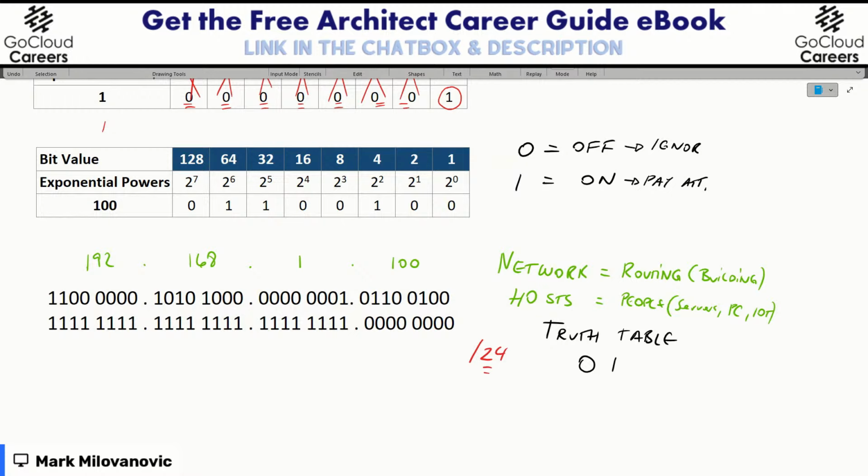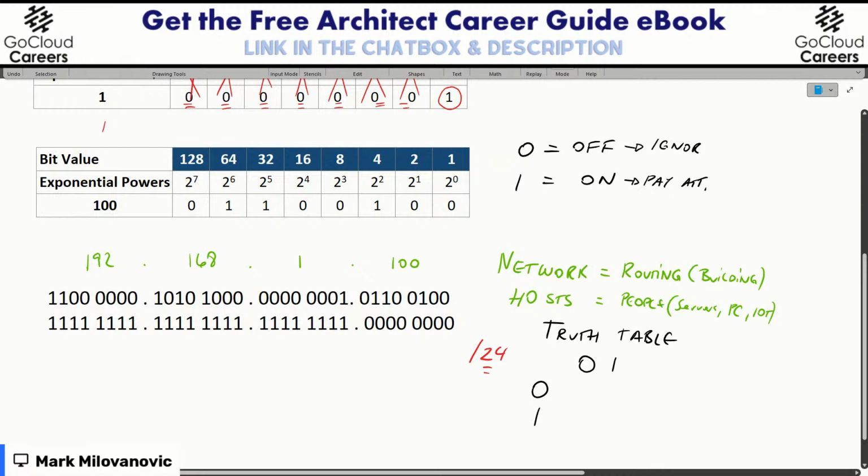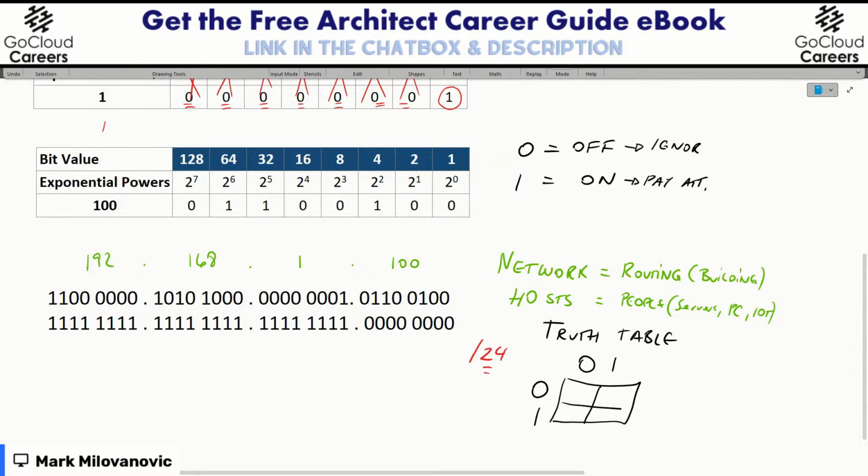You had values of 0 and 1, because that's all we had, and you would see if it's true. The only value that would ever be true is 1 and 1, because 0 is ignored, so it doesn't help us. So 0, 0 is 0; 0, 1 is 0; and 1, 1 is 1.